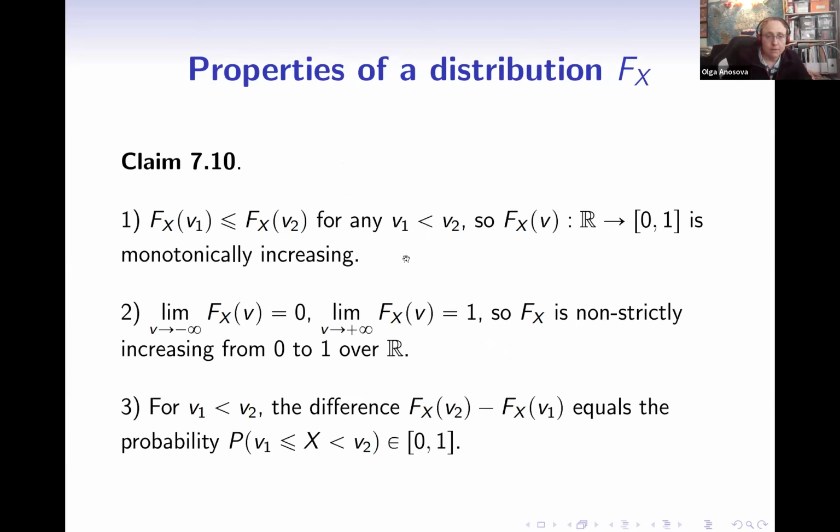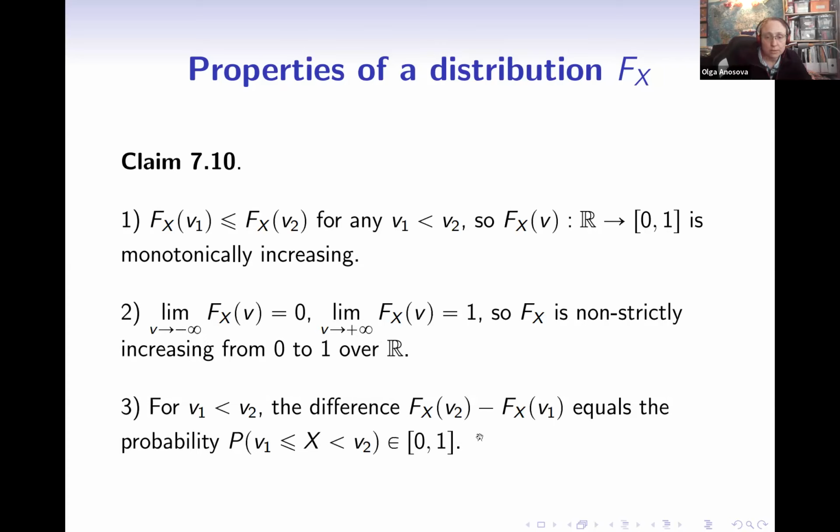Secondly, for minus infinity, this function is 0, and then the maximum value is 1, because we know that probabilities cannot be larger than 1. And then the function is just increasing from 0 to 1.